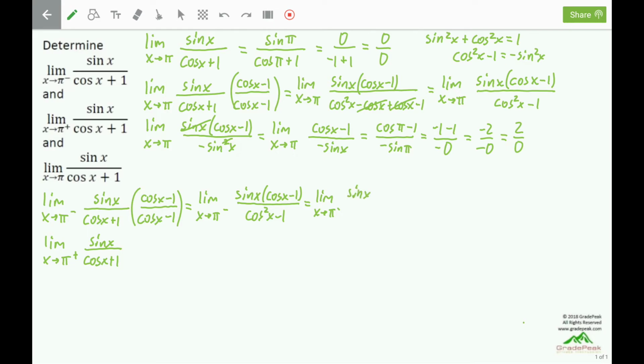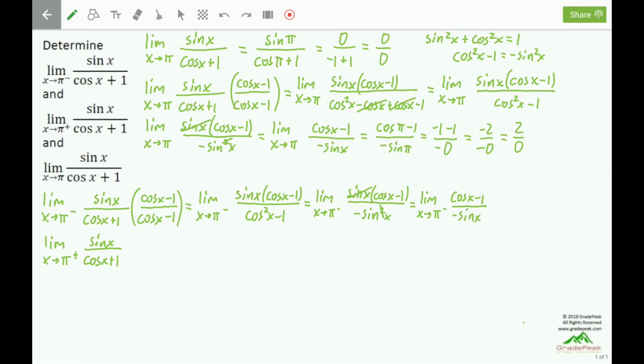The numerator will stay the same, but the denominator will become a negative sine squared of x. We can cancel the sine of x in the numerator with one of them in the denominator, giving what's left: a cosine of x minus 1 divided by a negative sine of x.